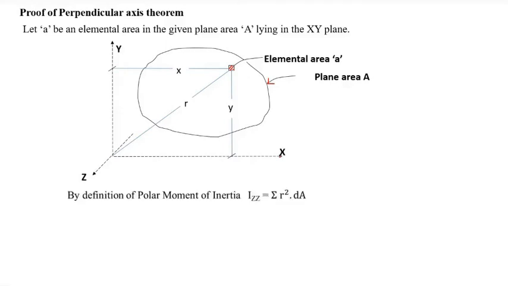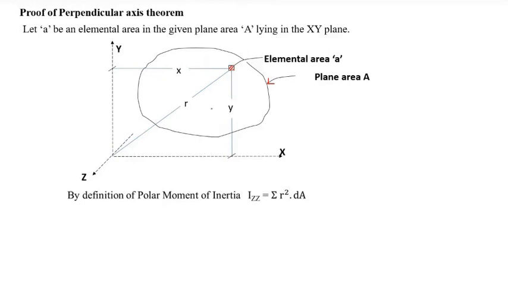As we know, the moment of inertia about the z-axis is equal to summation of r square into dA, right? All of you agree, because r is the distance from the small elemental area to the axis. So the second moment of area, which is nothing but moment of inertia, also called polar moment of inertia, is equal to sigma r square into dA. With this equation as the start, we should prove that.